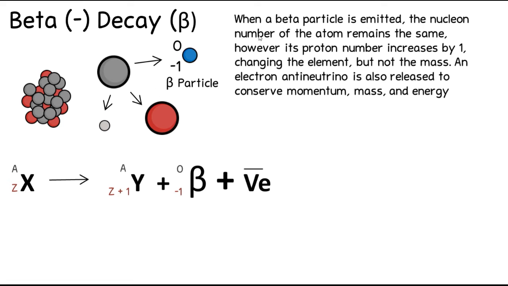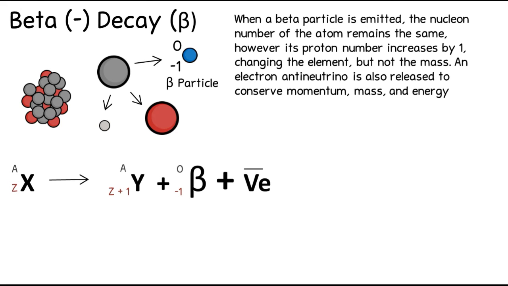So what happens is this will be emitted really quickly, but there will be a lot of other electrons around, and it will recapture a different electron. So for a split second it can technically be said to be an ion, but it will so quickly recapture an electron that it will neutralize itself. So in beta decay, this nucleus will be an ion for a very short amount of time, but it will neutralize itself very quickly with a surrounding electron, but not the one that it emitted.